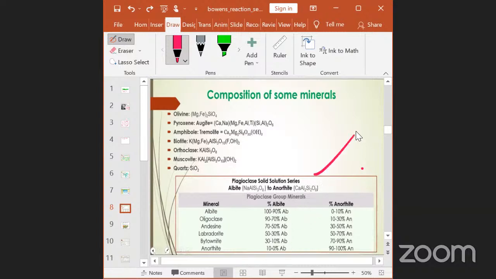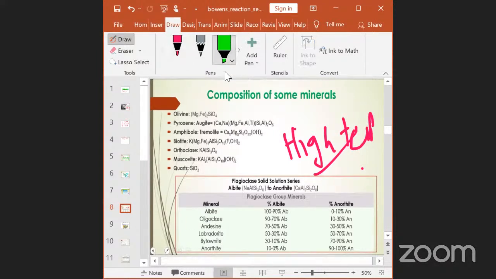Gradually we go to albite, which is rich in sodium and crystallizes at low temperature compared to anorthite. So this is high temperature and this is low temperature.